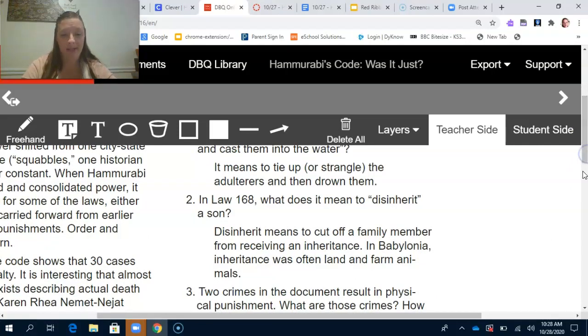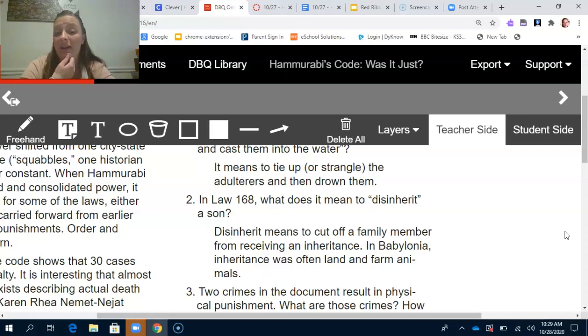Number 2, in Law 168, what does it mean to disinherit a son? So disinherit means to cut off a family member from receiving an inheritance. An inheritance in Babylonia was often land and farm animals, and you would get this after the father had died, or once the son had come of age, so once he became an adult. And the purpose was to help them start their own lives.